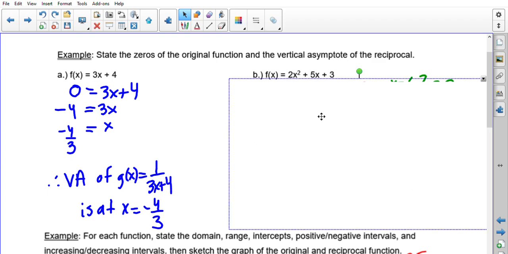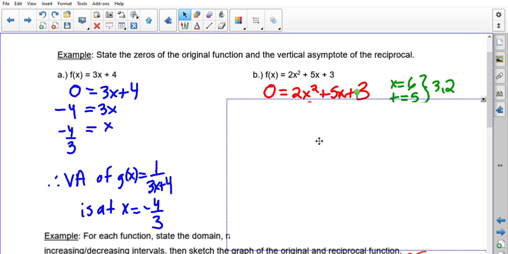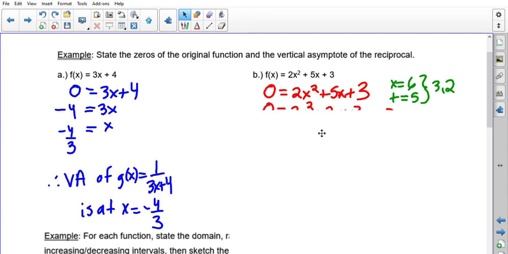Same idea here. We need to figure out the x-intercepts, the zeros. So you set y equal to 0. And here we're going to have to factor it. We find two numbers that multiply to 6 and add to 5. That's 3 and 2. Because this is a complex trinomial, we have to use decomposition.